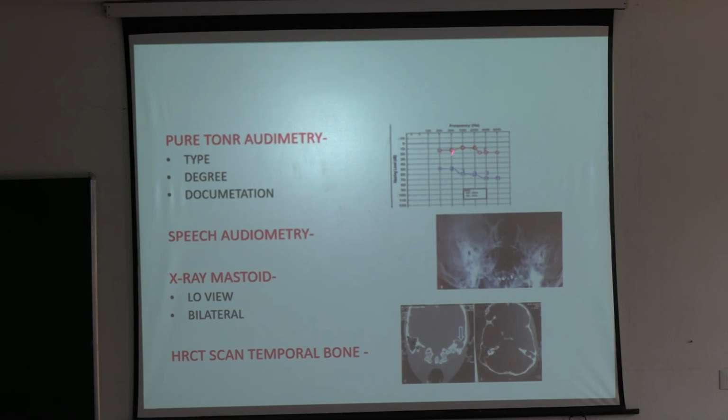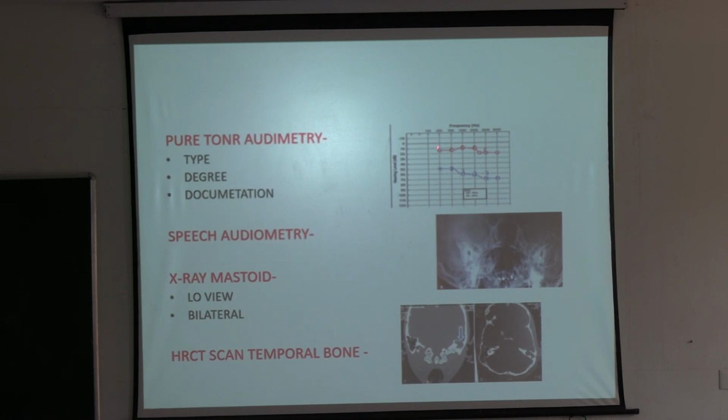There is a gap in between the two lines. If it is more than 10, there is conductive type of loss. So, it is more than 10. One small gap is 10. So, here 1, 2, 3, 4, 5. So, here 50 decibel loss in this frequency line.